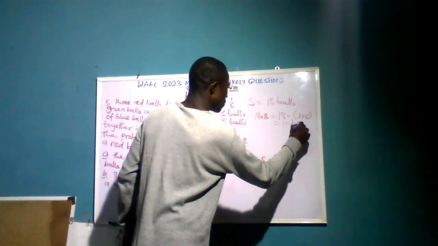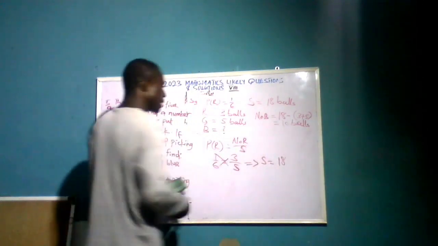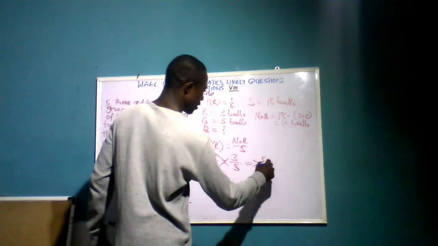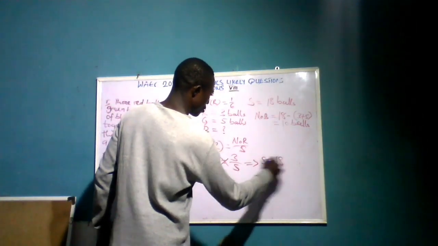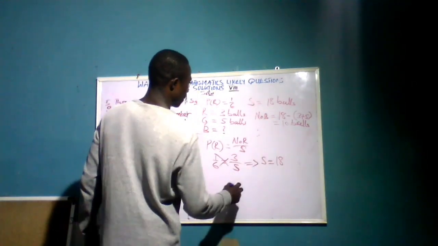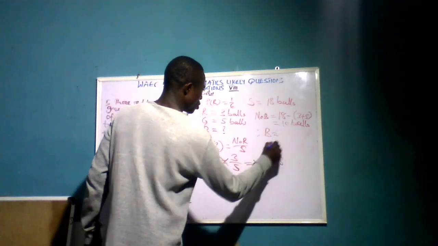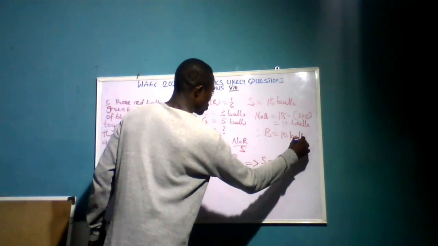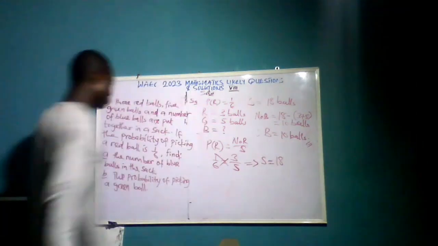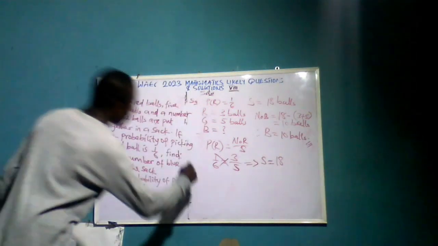So blue balls are 10 in number in the sack. So therefore B is equal to 10 balls. And with this, we have answered question number 5a. Now let's go to question number 5b.